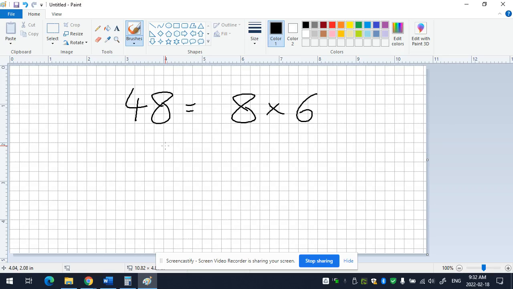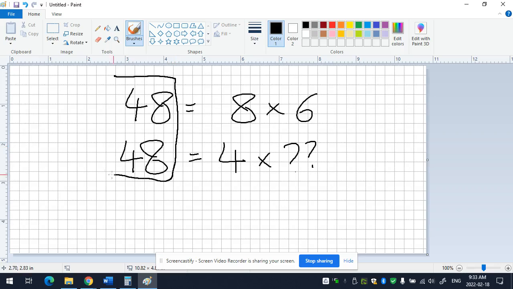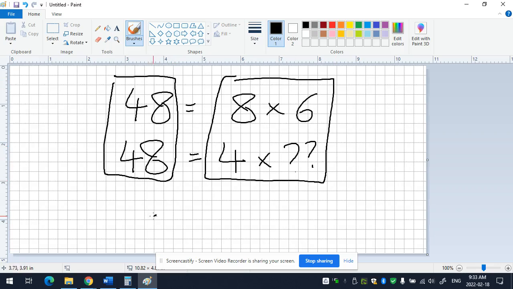Now give me one of the factors, or divisors, of 48. Go with 4. So you only give me 4, and I want to know the other one, correct? Am I still going to generate 48? That's the whole idea. If those two things are the same, aren't those two expressions the same too? There you go. So 8 times 6 equals 4 times what? And then you stop.